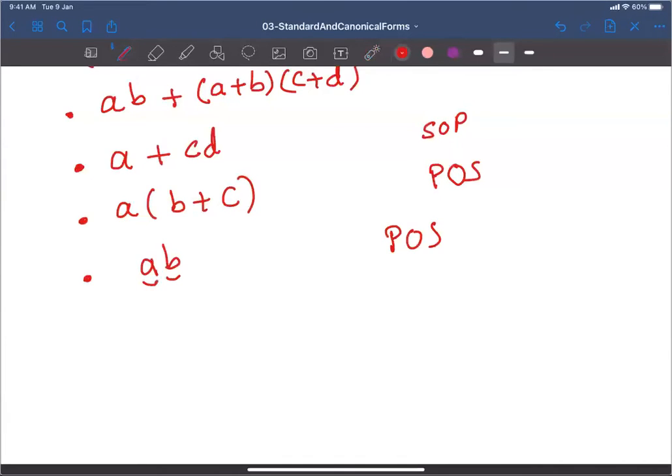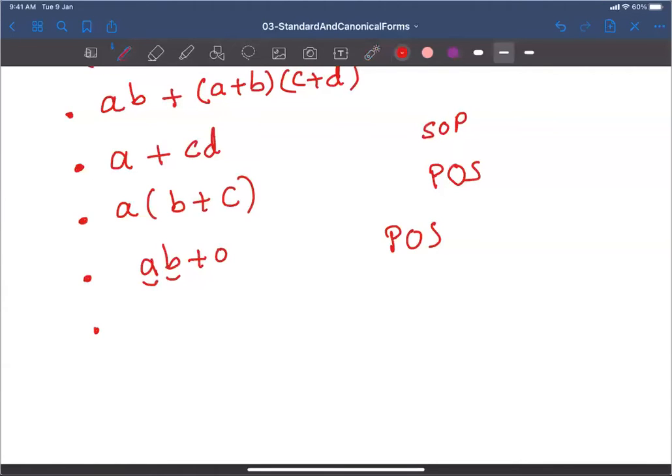Okay. What if I add a 0 here? Does it change the result? No, it doesn't change the result, right? So it's also a sum of products. But this one really depends on your interpretation. You can interpret it as you wish.